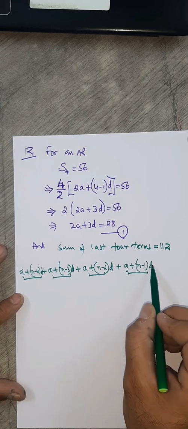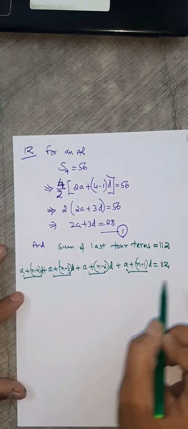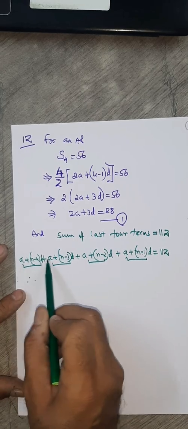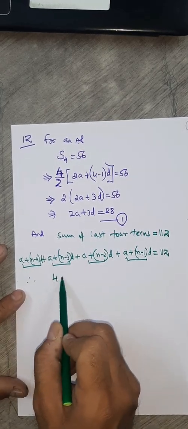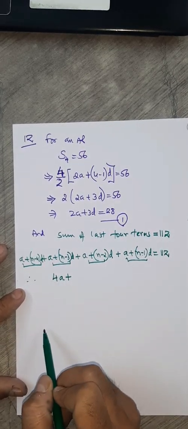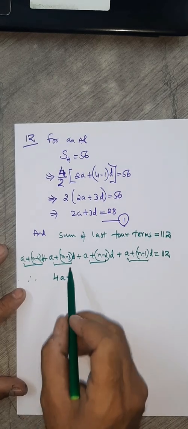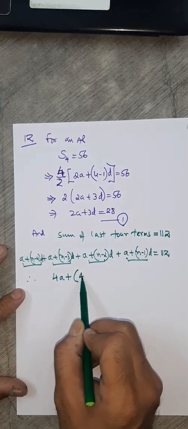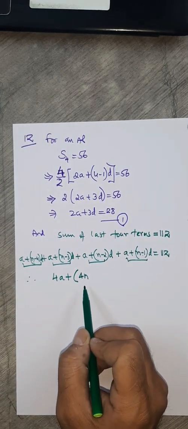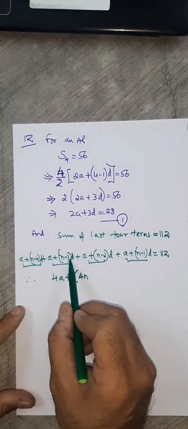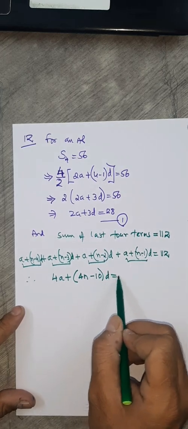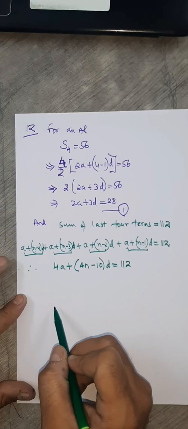You know that these, ending with the last term, add up to 112. This much is given. So if you add all this, a plus a plus a plus a, which is how much? 4a. Fine. From the remaining terms, you take d common. So n, how many times? 4 times, 4n. And what about this? 7 plus 3, 10. So here minus 10d equals to 112.